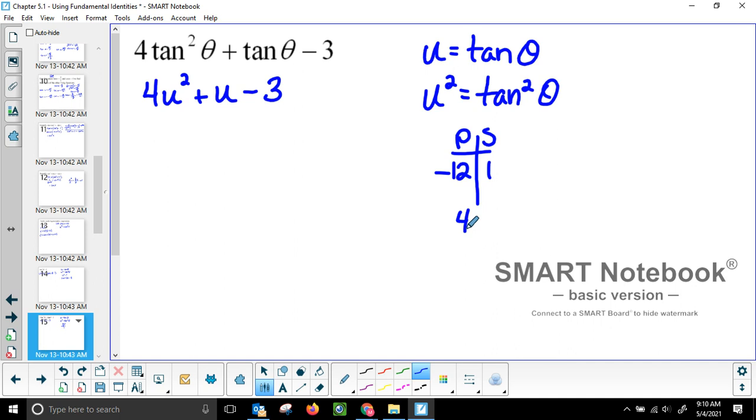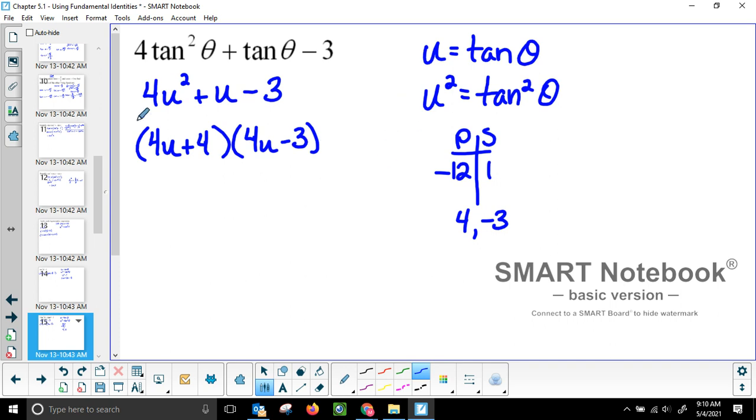That's going to be 4 and negative 3. 4 times negative 3 is negative 12. 4 plus negative 3 is positive 1. So I keep my leading coefficient and my variable, so I have 4u and 4u, and I fill it in with what I just found, a positive 4 and a negative 3.